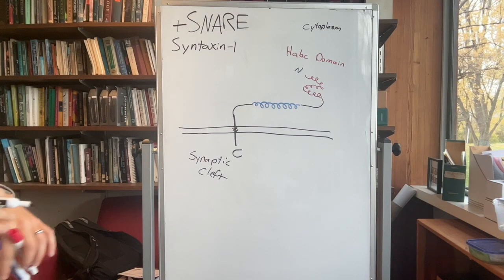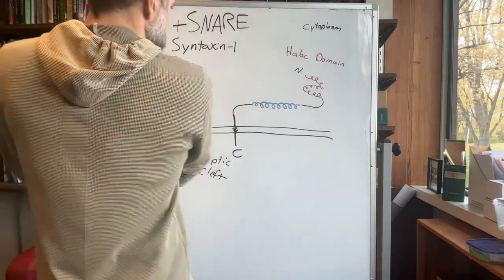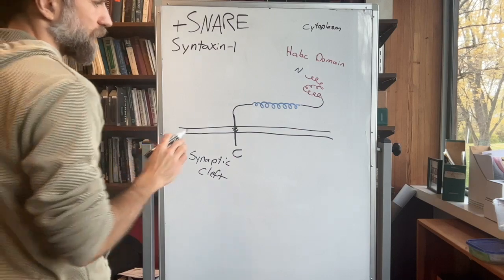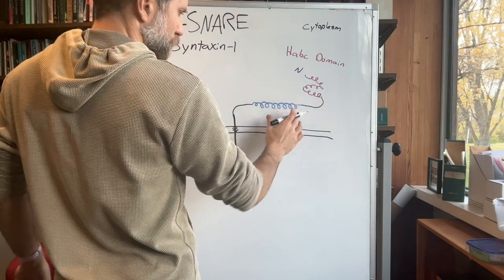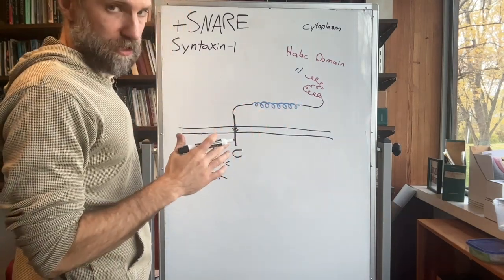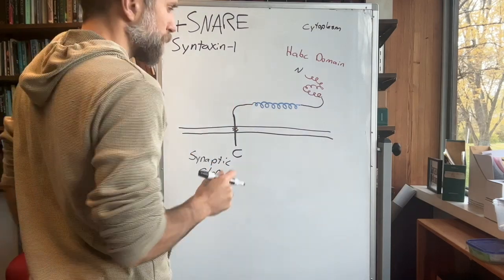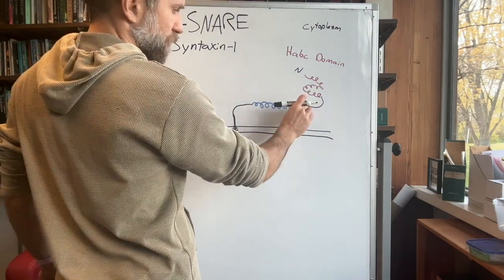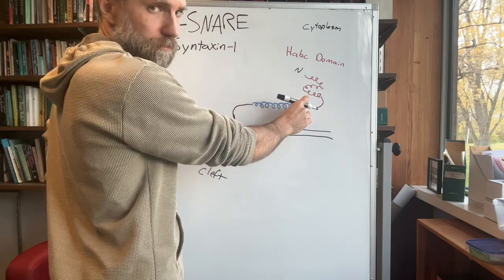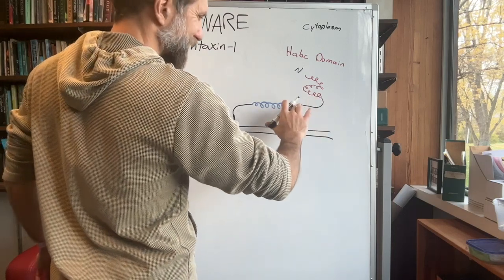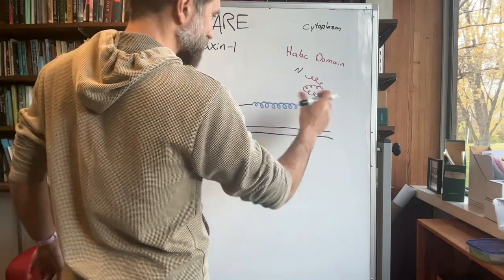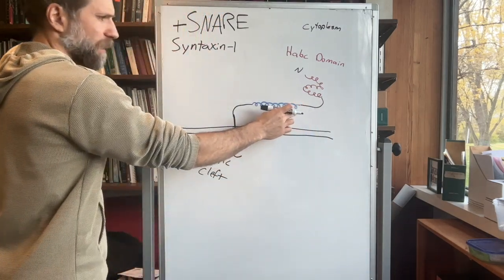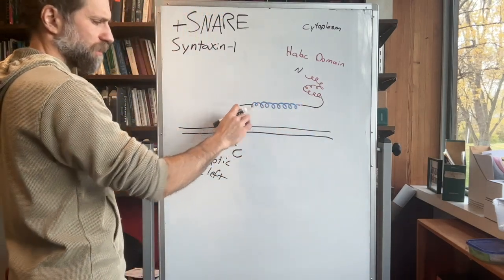The important thing to realize is that when all the alpha helices go through that zippering process where they intertwine with another one, it starts at the N terminal side of the alpha helix and zips down towards the C terminal.